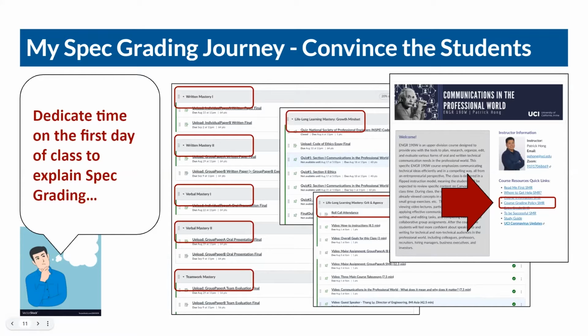In my technical communications class, I talk about how important it is to have written mastery, verbal mastery, but also to work as a team, and to develop this lifelong learning set of skills even beyond my class, because they're going to have to use these skills not only for my class, but also to help them succeed in the future.